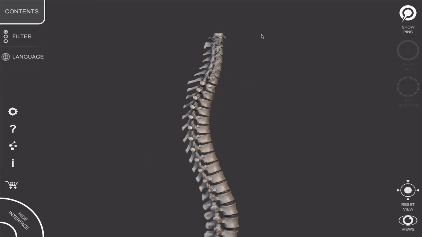Now, there are two very unusual vertebrae in the cervical spine, and these are the only two vertebrae in the entire spine that have their own names. Remember, they're all called either C1, 2, 3, T1, 2, 3, L1, 2, 3, all the way down. But these two vertebrae have additional special names.